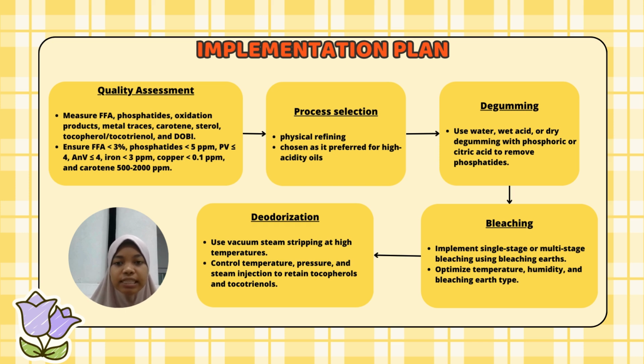In the next step, which is the bleaching process, we have to implement single stage or multi-stage bleaching using bleaching earths. This process is to optimize the temperature, the humidity, and bleaching earth type, because in this process we have to control the temperature and the humidity to get good cooking oil.